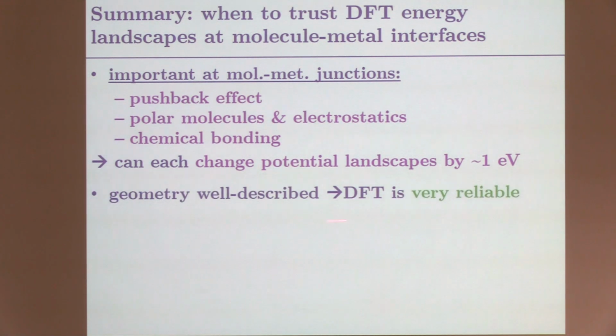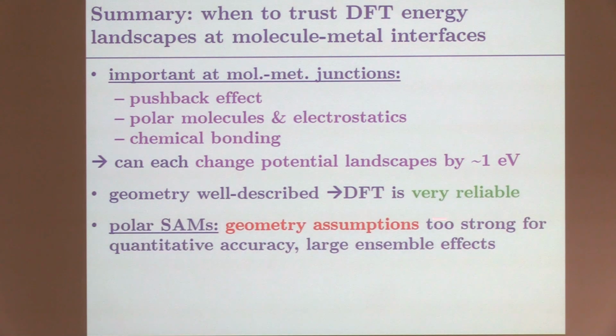Now, once the geometry is well described, DFT seems to be very reliable, although it could be that the assumptions we use for calculating the geometries are too strong and then prevent us from really having quantitative accuracy for these ensembles of molecules on metal surfaces.